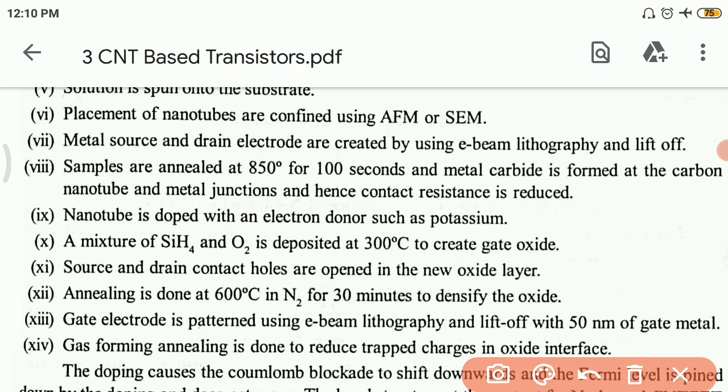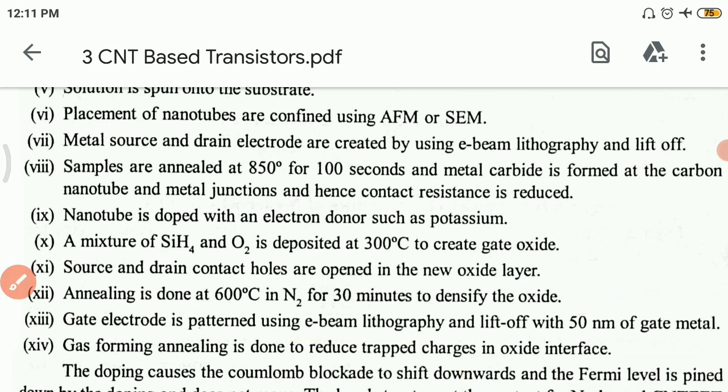Then the source and drain contact holes are opened in the new oxide layer, and the annealing process is done at 600 degrees Celsius with nitrogen for 30 minutes in order to densify the oxide. Next the gate electrode is patterned using e-beam lithography and lift-off with 50 nanometer of gate metal.